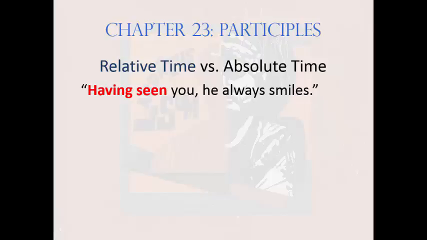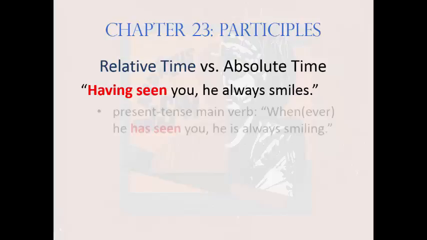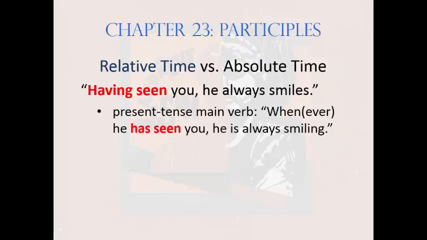Turn the participial phrase, "having seen you," into a "when" clause. Good. "When or whenever he has seen you, he always smiles" or "is smiling." The participle "having seen" is -1, which, when combined with "smiles" +0, equals -1, "has seen."